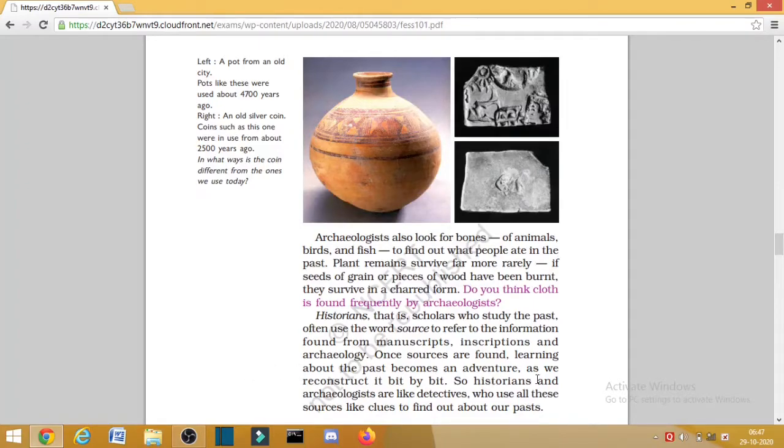So historians and archaeologists are like detectives. We use all these sources like clues to find out about our past.